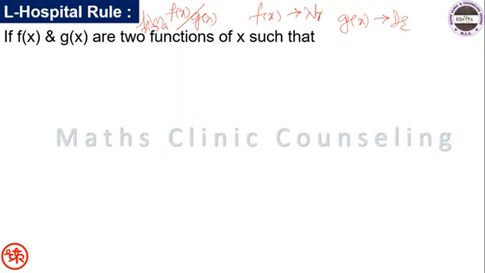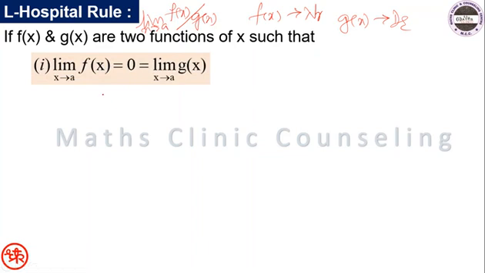The first condition: limit of numerator is 0 and limit of denominator is also 0.